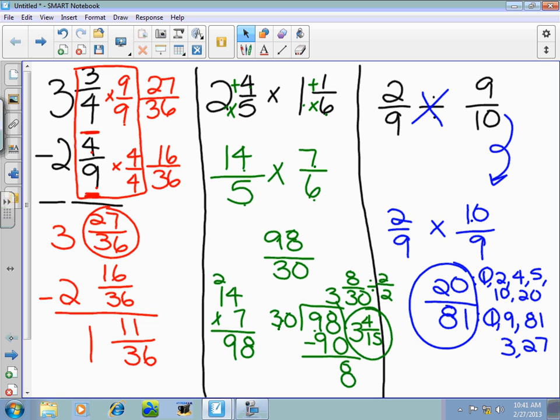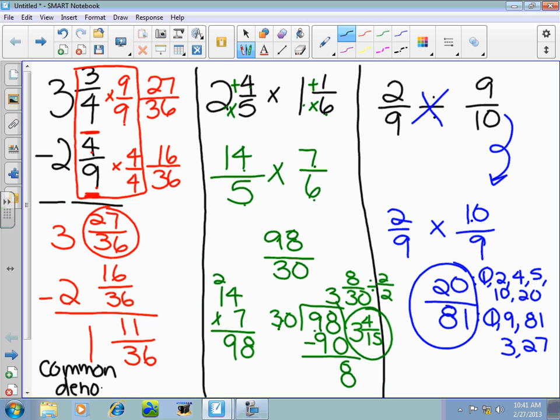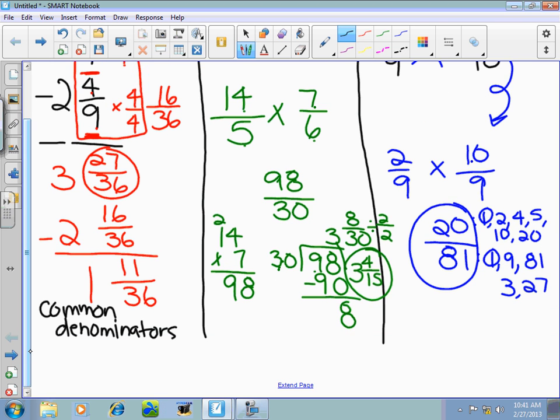Your fraction review, make sure that you have common denominators. Let's move that down. And borrow if necessary.